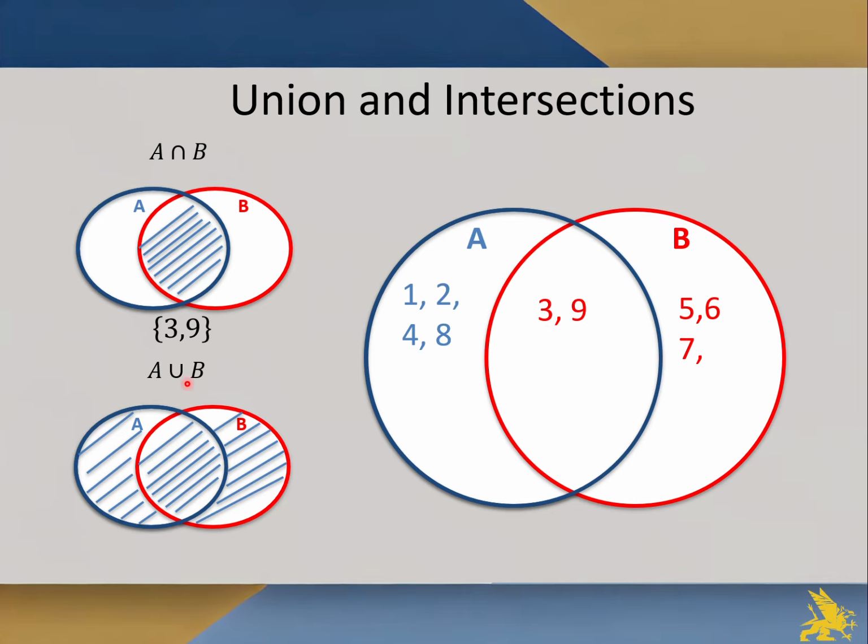Likewise, A union B, it could be A or it could be B. So I highlight both those areas. So what are the numbers involved? Well, it's everything inside here. So 1, 2, 3, 4, 5, 6, 7, 8, 9. If I had a number on the outside, it would not include that.